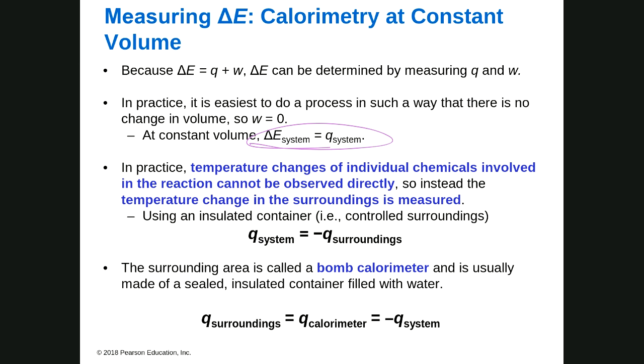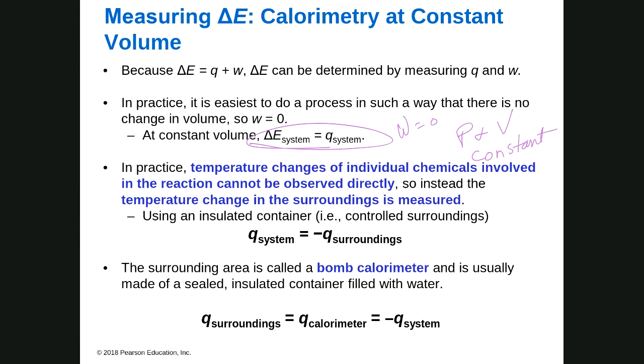So if I use a container and I keep the pressure and the volume the same in the container, because I'm using liquids, then W becomes 0 because I've got pressure and volume constant. And so work becomes 0, and then I can just measure the Q. The Q will tell me what the overall energy is.